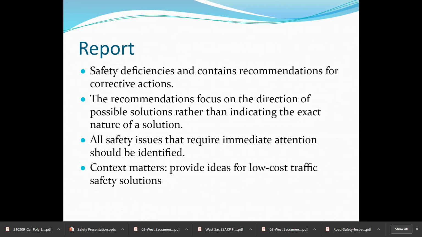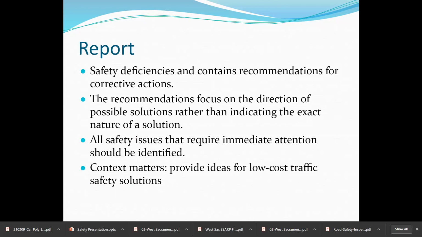So for example, you might recommend broader countermeasures because sometimes the agency team might not prefer to have the exact solution, because they might want to do their own cost and feasibility analysis. So the direction of possible solution, like increasing the visibility of crosswalks, usually is better.